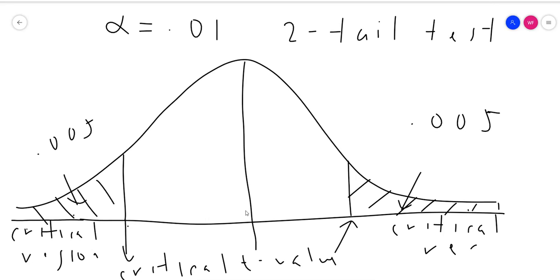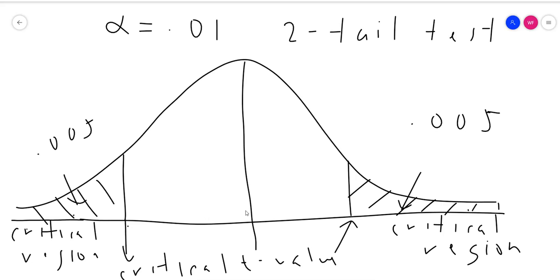Now the idea with the critical region method is that when you find the test statistic, and the homework does ask for the test statistic, but we've never been using it in our examples because we've always been using the p-value. But if the test statistic is in the critical region, that's when we reject H null. And that's why they ask about the test statistic.